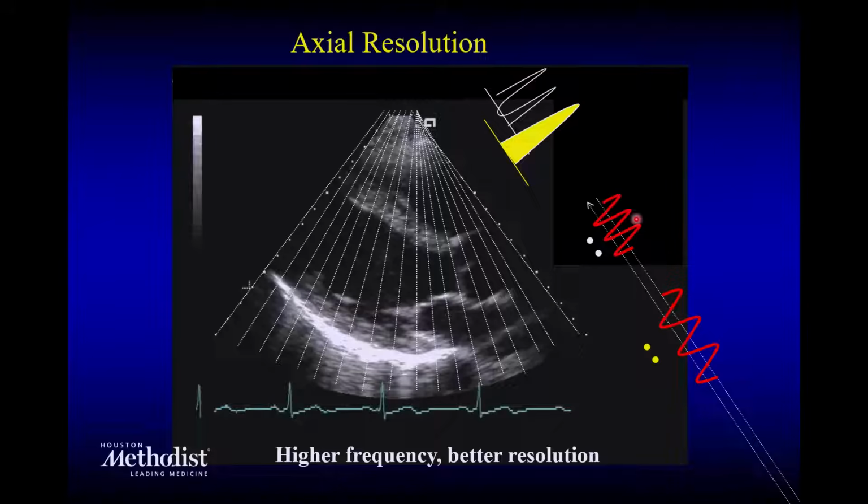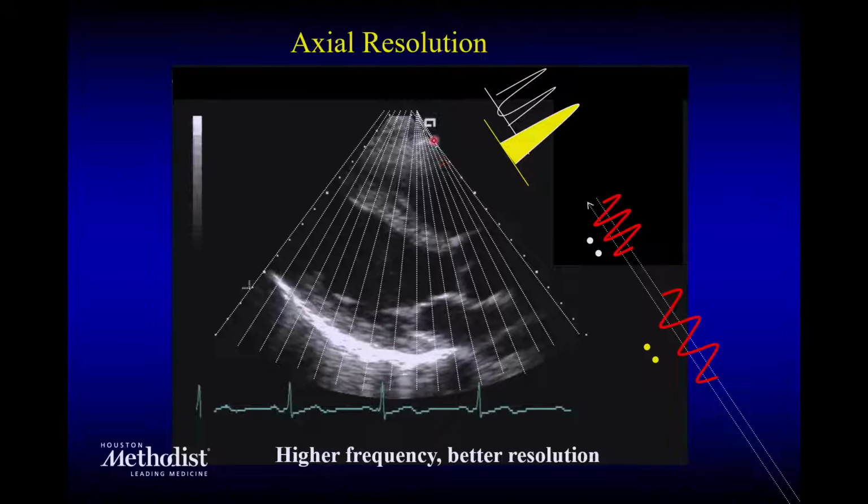If you have high frequency ultrasound, these wavelengths are smaller, and you'll be able to discriminate 2 points better than if your frequency is lower, the wavelength is larger, and these 2 points may not be able to be discriminated. And the beauty is with ultrasound, I think our resolution is in millimeters, which is really a nice resolution.